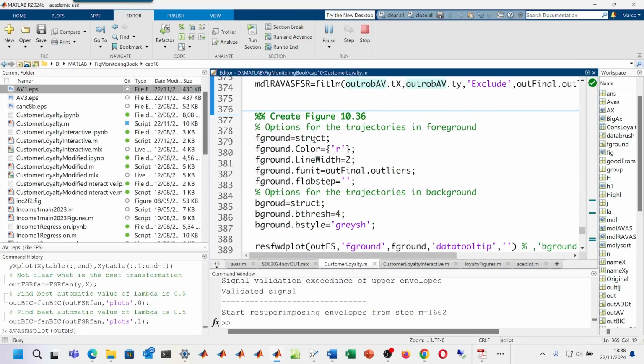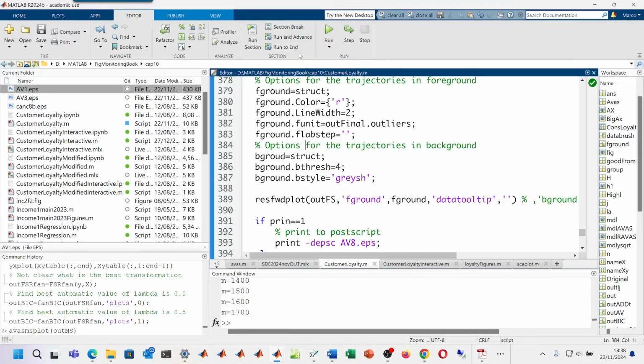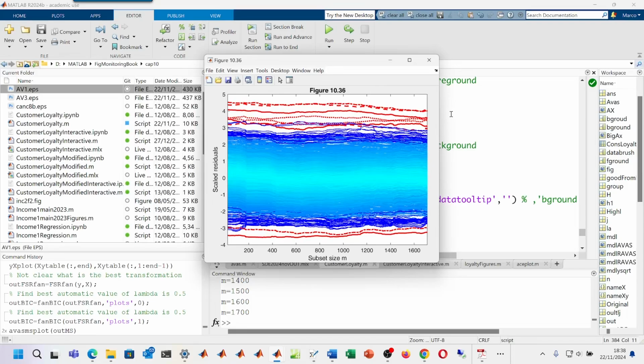Now we move to figure 10.36, which is the monitoring of the residuals in order to understand whether we have reached stability in the trajectories. So these are the residuals from fitting REVAS.